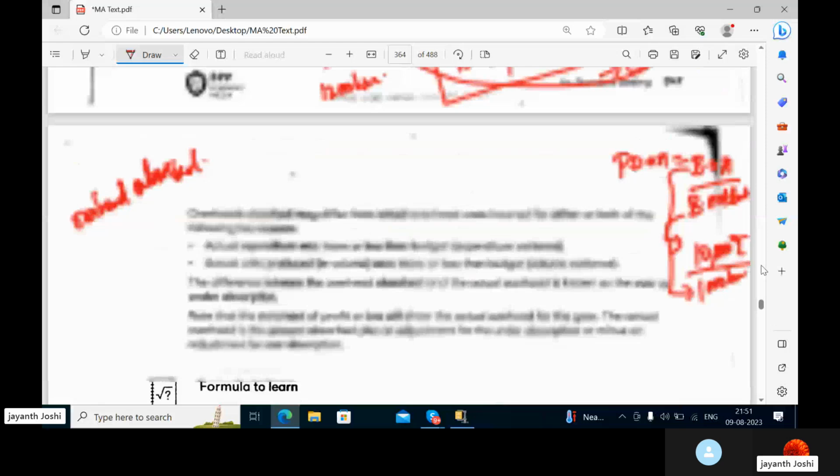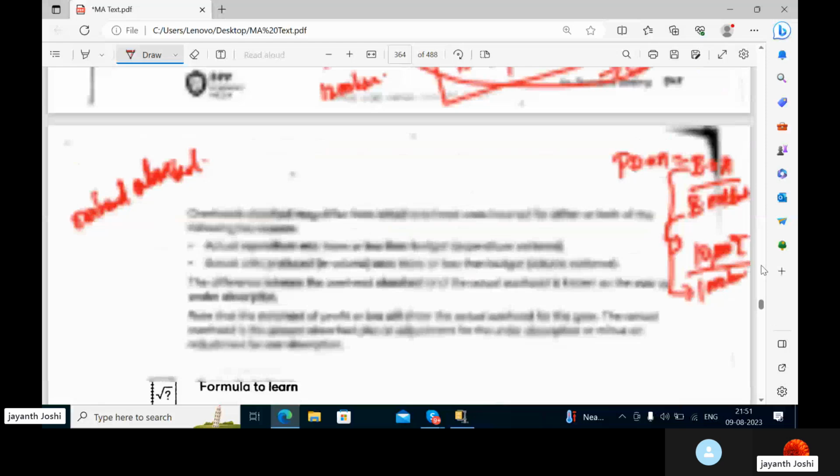See, your predetermined absorption rate is $5, right? How? Budgeted overheads by budgeted units of production or activity level. So this I have written here. What is your overhead absorbed?